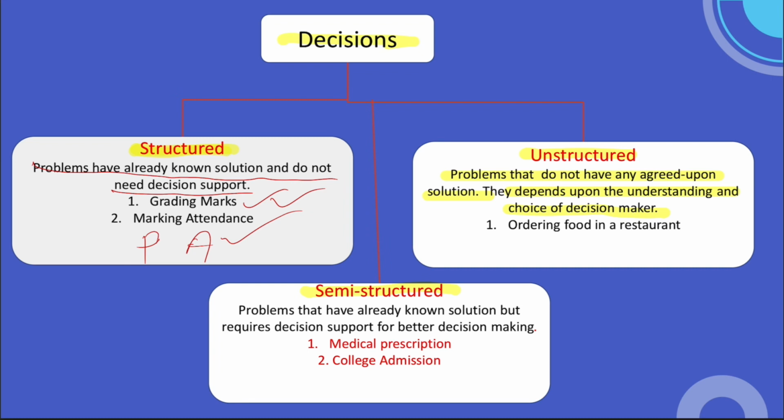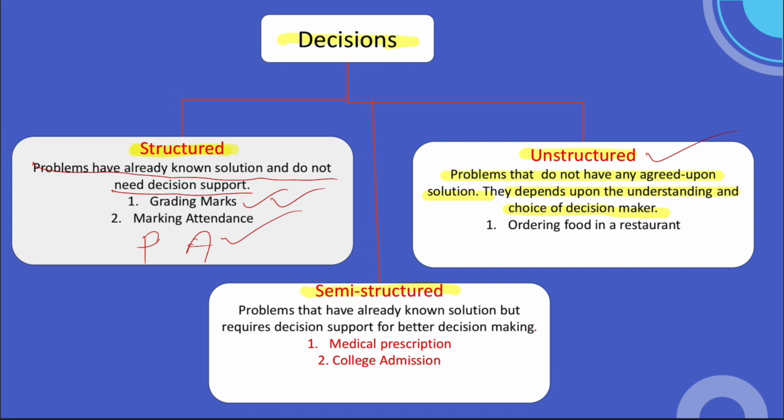It depends on the situation. There can be more than one solution available and you do not know what is to be done. You need more information and decision support from others to find a better alternative or solution. We call them unstructured decisions.